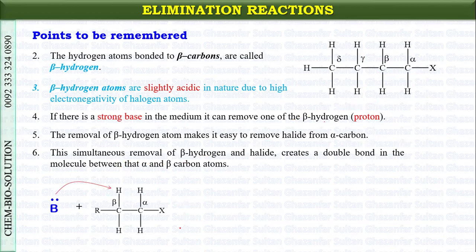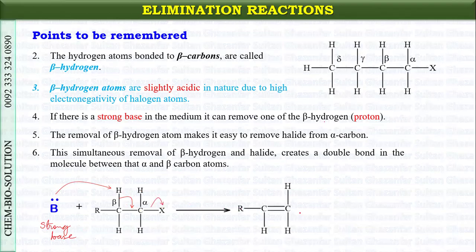You can see here that a strong base, it should be a strong base, attacks the beta hydrogen of the molecule, and as a result this bond shifts to here and halogen has to leave. So a multiple bond, a double bond is generated and halide is removed while it combines with base to form its respective conjugate acid.